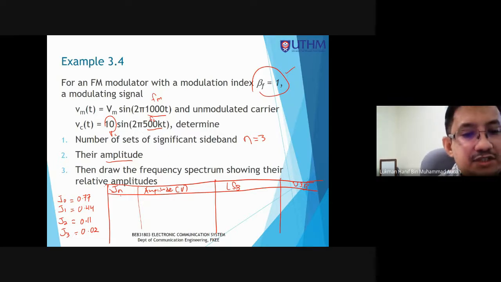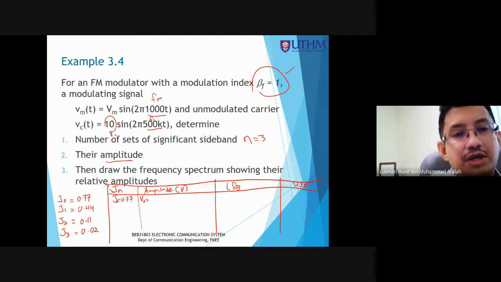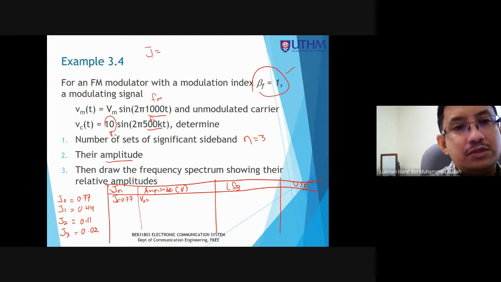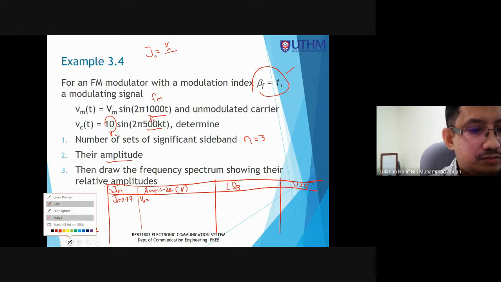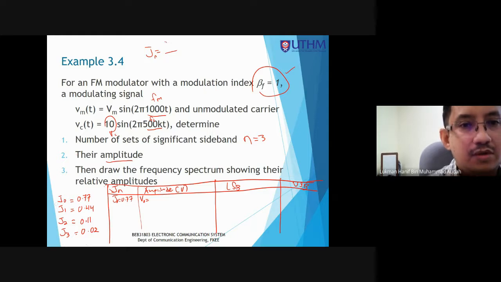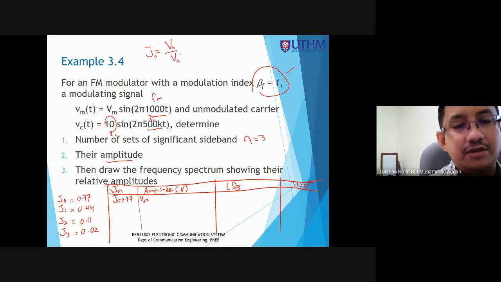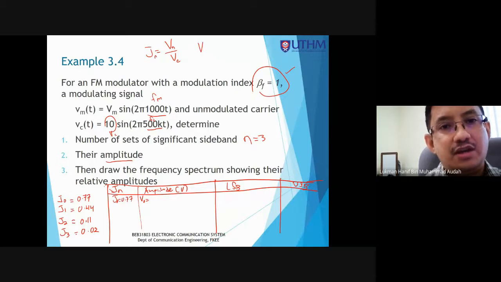For the first one, J0 is equal to 0.77. The amplitude V0: remember Jn is equal to Vn over Vc, so that means Vn is equal to Jn multiplied with Vc.